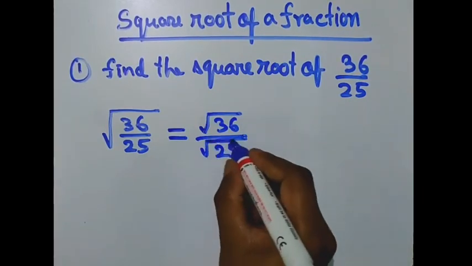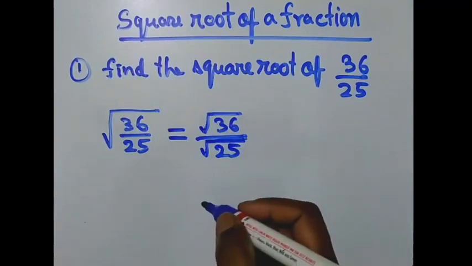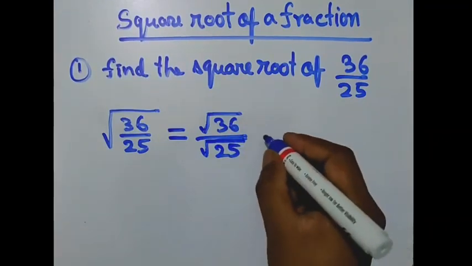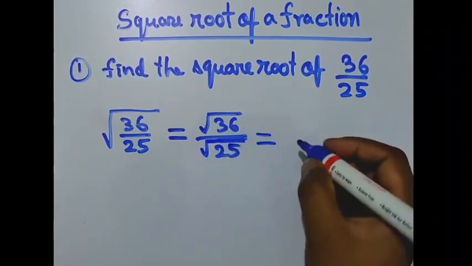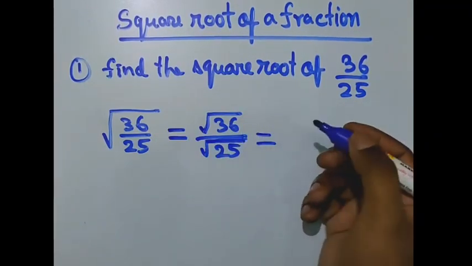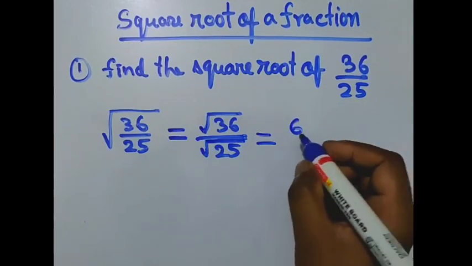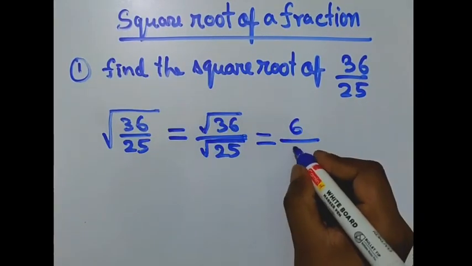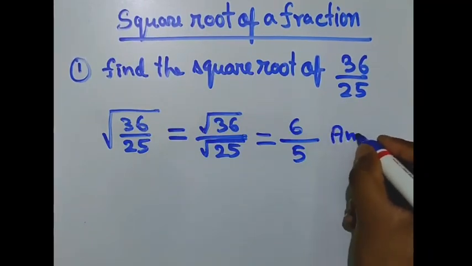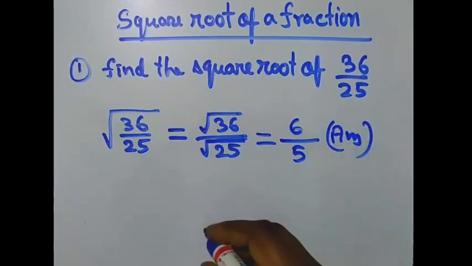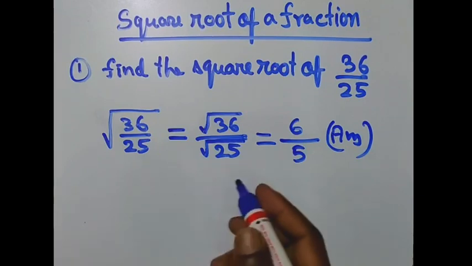So separately we can find the square root of both numerator and denominator, which will be equal to what? Square root of 36 is 6, 6 times 6 we get 36, so 6 is the square root of 36, and square root of 25 is 5. So 6 by 5 is the answer. So hope this is clear to you.